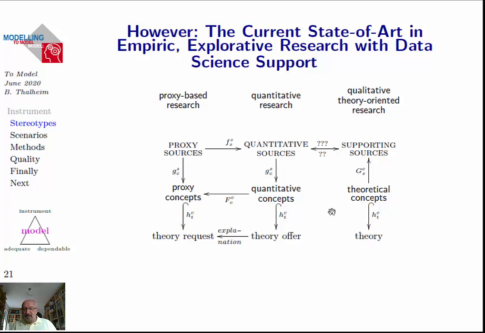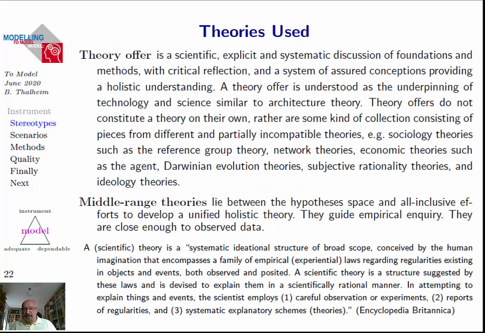However, we have to have a means how to integrate this stuff. I will show now that the mediating function is the missing bridge among these parts in our diagram. Theory offers are widely used.